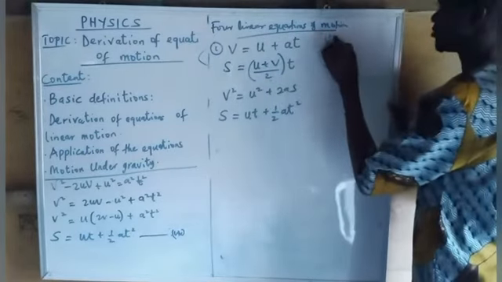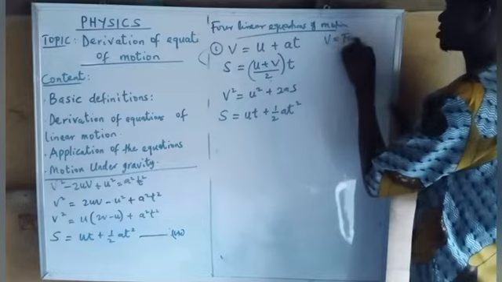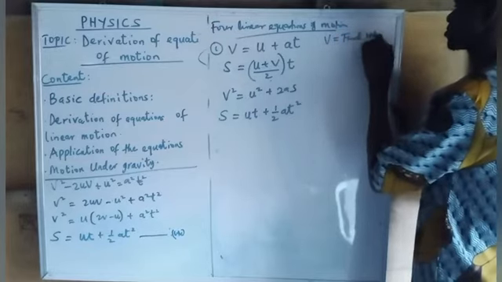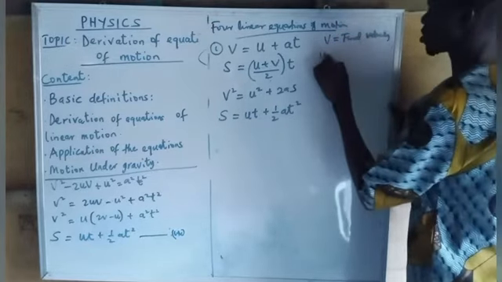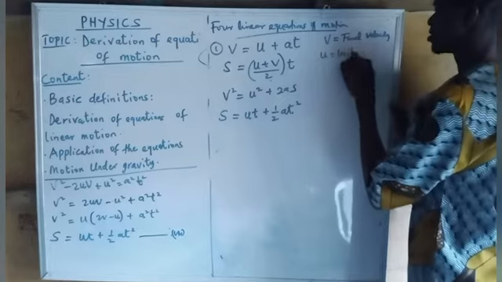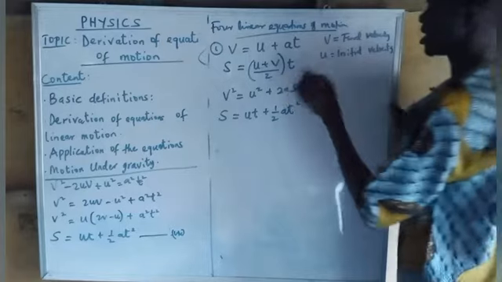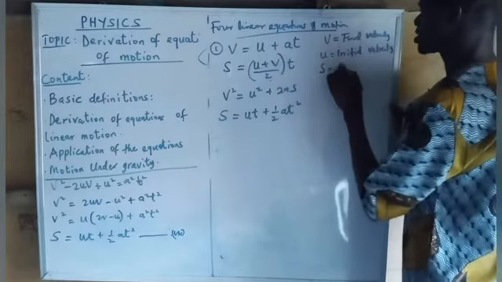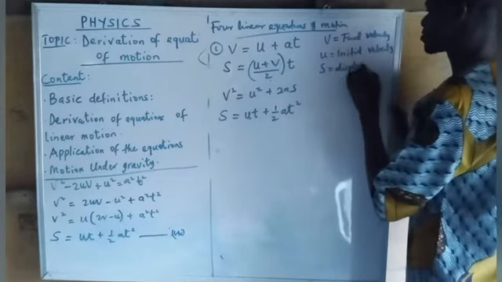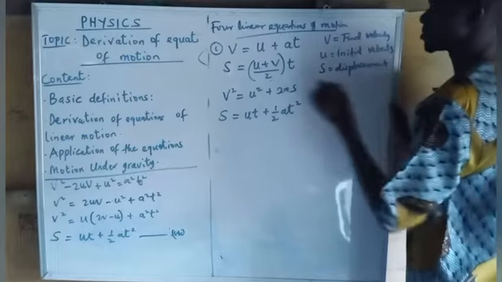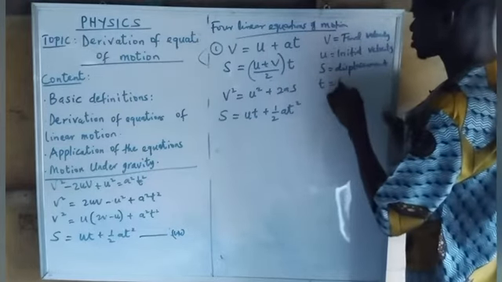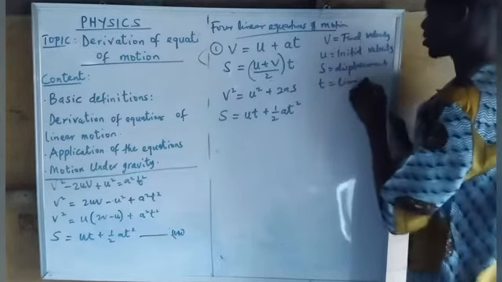Note, v, we call it what? Final velocity. u, we call it initial velocity. Then our s equals what? The distance or displacement. Then our t equals the time taken in seconds.